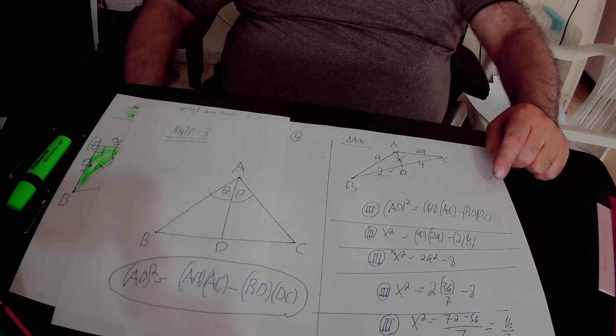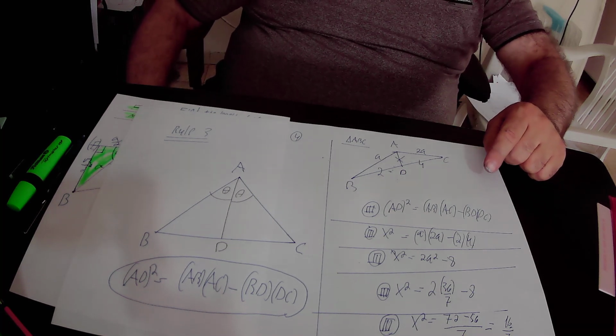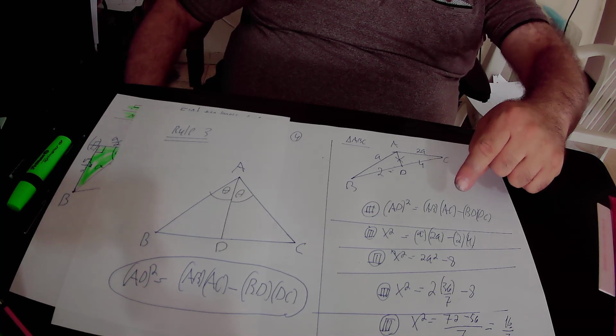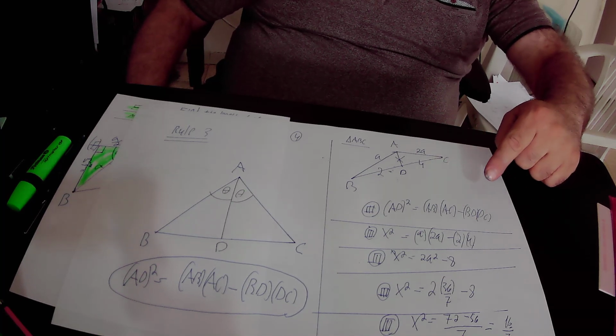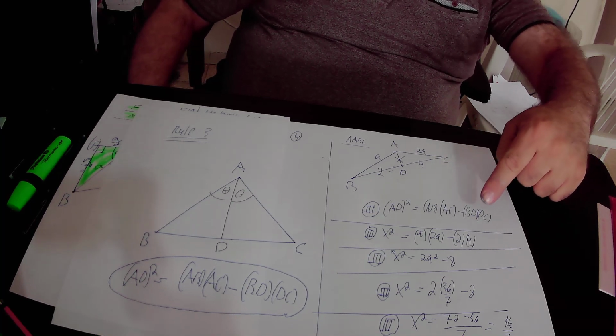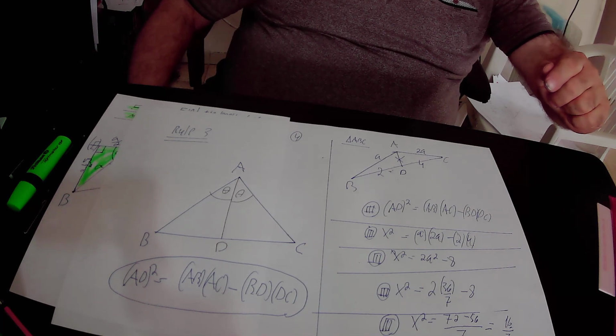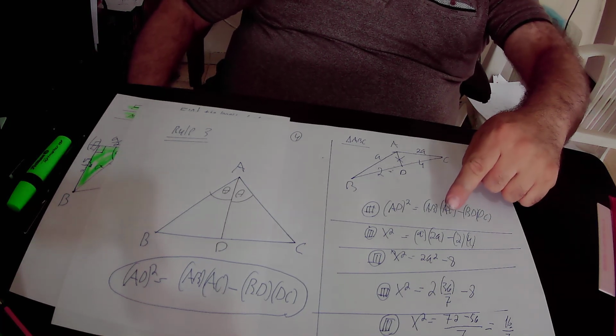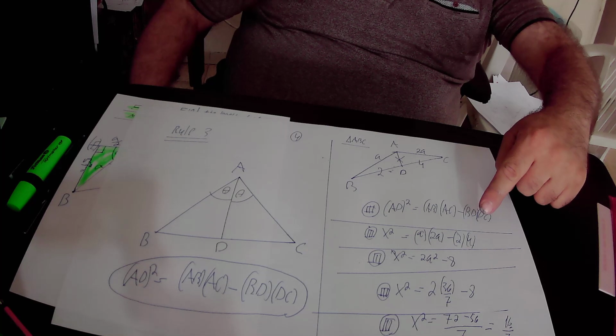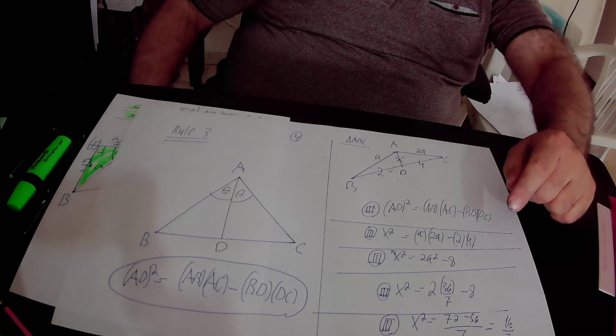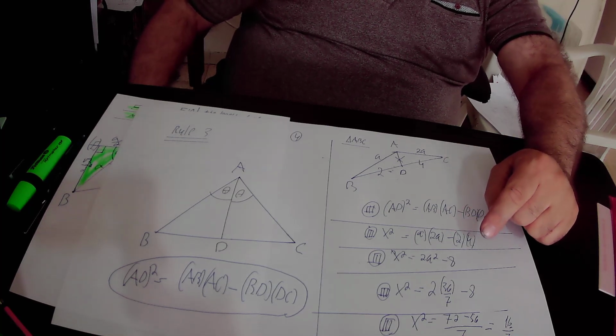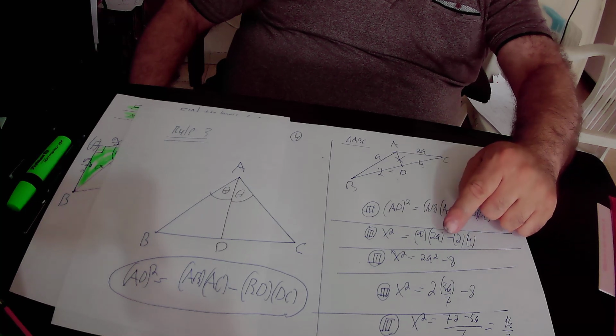AD equals x, so AD squared is x squared. AB is A, AC is 2A, BD is 2, and DC is 4. So x squared equals A times 2A, which is 2A squared, minus 2 times 4, which is minus 8.